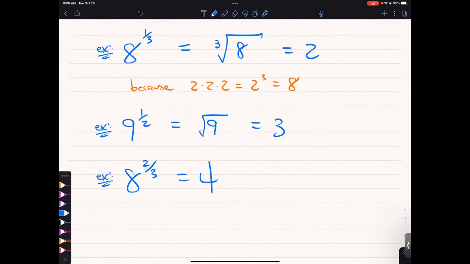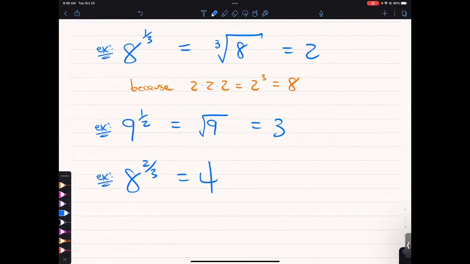Yeah, so it's the cube root of 8, which is 2. It is times 2, but it's times 2 because it's squared, right? So this is an exponent. For a fractional exponent, an exponent that's a rational number, the top is a power like normal, right?